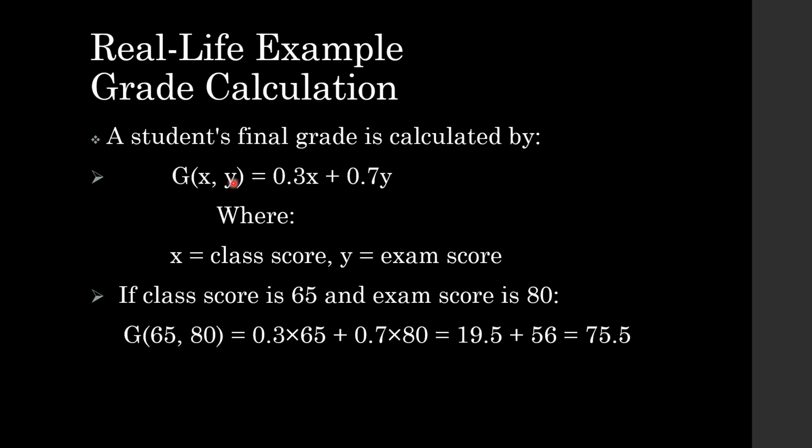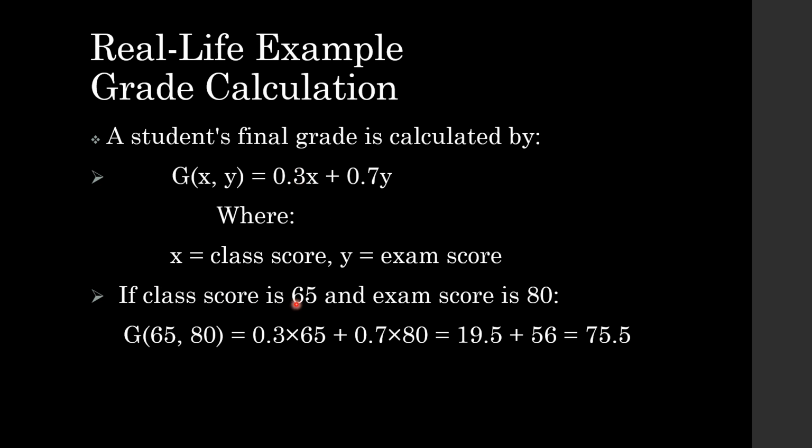A real life example here is that this function modeling can also be grade calculation, which we have had the idea of already from lesson 1. So a student's final grade is calculated by G of X and Y, where X represents the class score and Y represents the exam score, and this one too is a function.